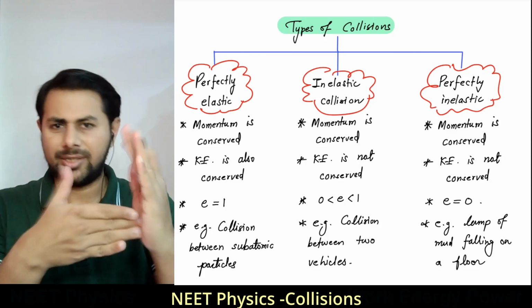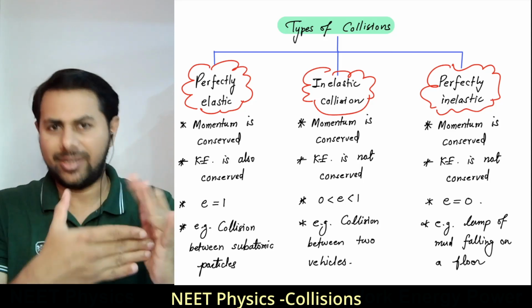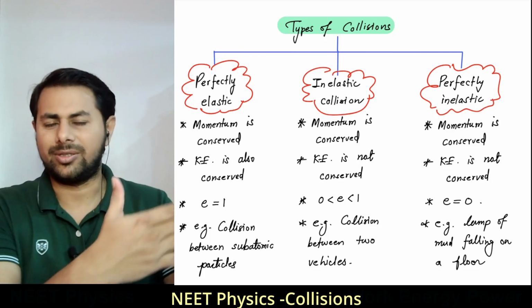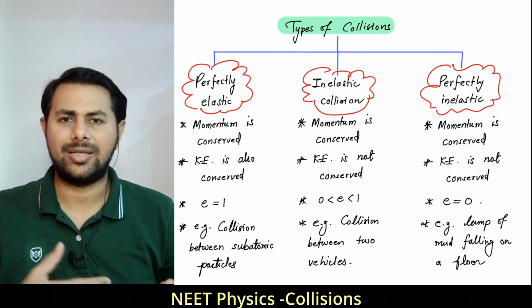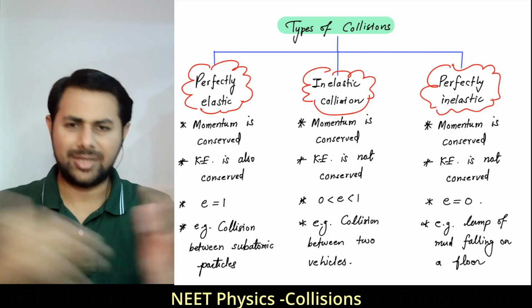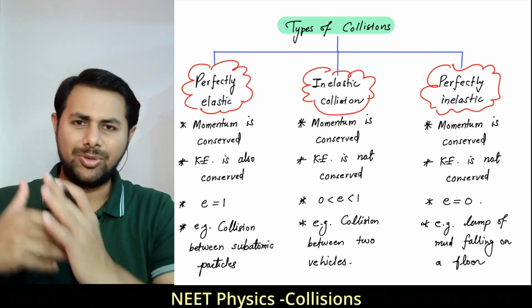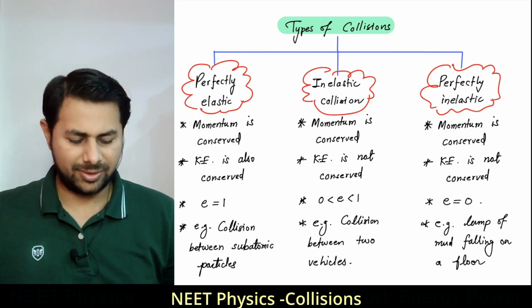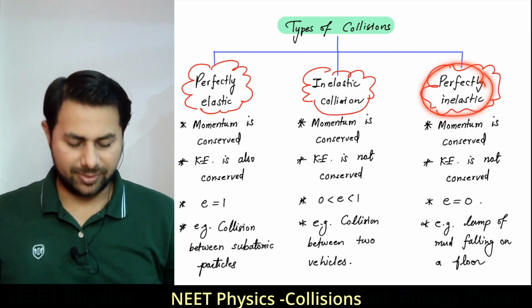The bullet hits the wooden block, gets embedded in it, and moves along with it. That is a perfectly inelastic collision. So two bodies stick together or get embedded and move together after the collision.